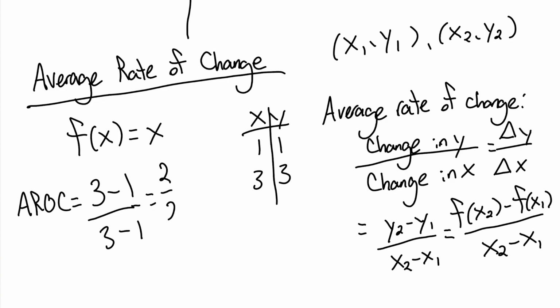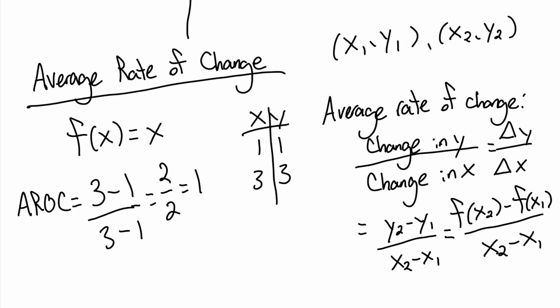So this is 2 divided by 2, which is 1. You might recognize this as the slope of this line, and that's exactly what this is. For a line, it is exactly the slope of the line.